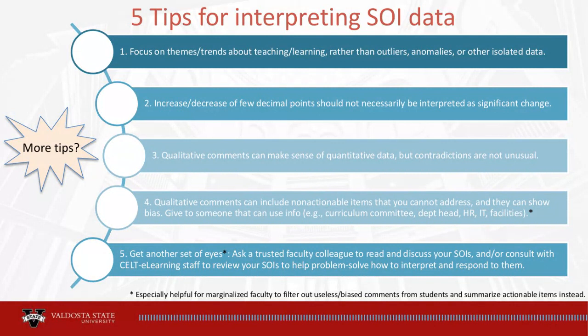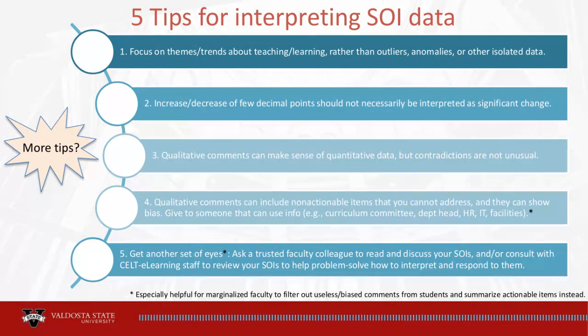And so the research says it's really important always to get another set of eyes, either a trusted faculty colleague to talk about it with you, and not just to vent. I mean, we all need a colleague to vent, especially when we get some difficult SOIs, but someone who's actually going to work through it with you, like think through how it's about your teaching and learning, or how you might grow from it.